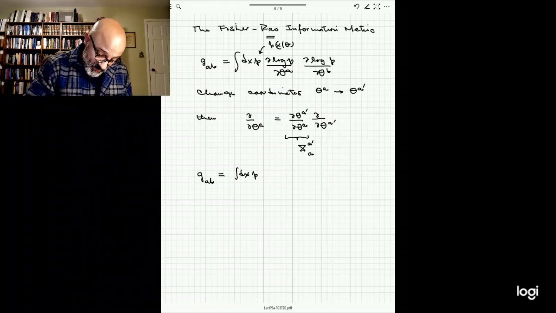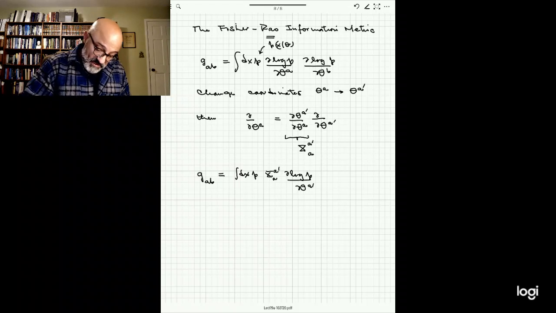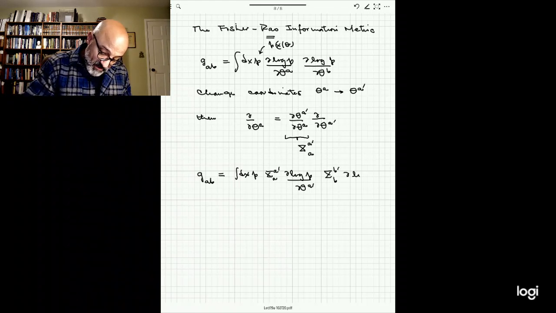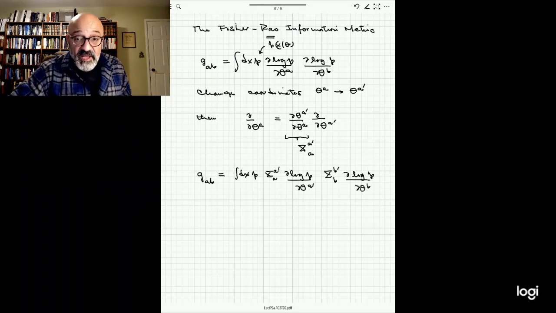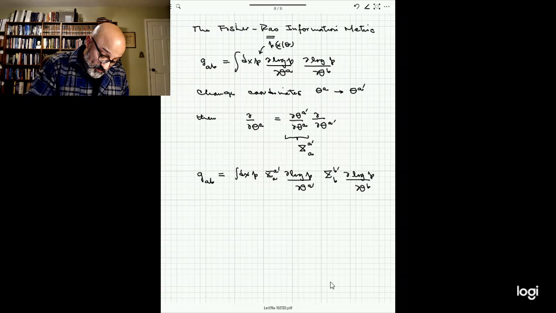The integral dx p, and then here we have x a prime a, d log p over d theta a prime, and then another x b prime b, d log p over d theta b, like so. Now, important, we're integrating over x. These guys here just involve thetas. So these are just constants in this integration. We can pull them out, right? Same thing here. We can bring them out.